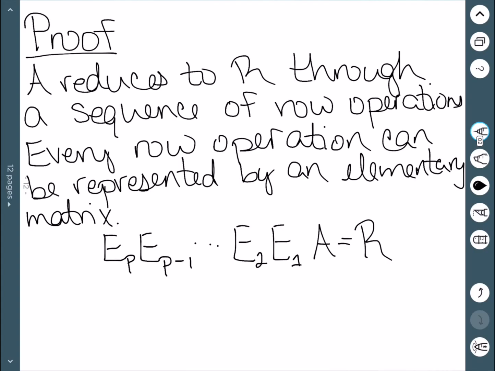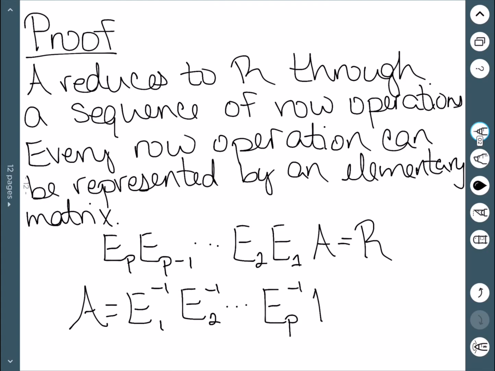So if I start multiplying both sides by the inverses, I get that A is E1 inverse, E2 inverse, and we'll keep going up to E_p inverse times R, which then gives us what we wanted.